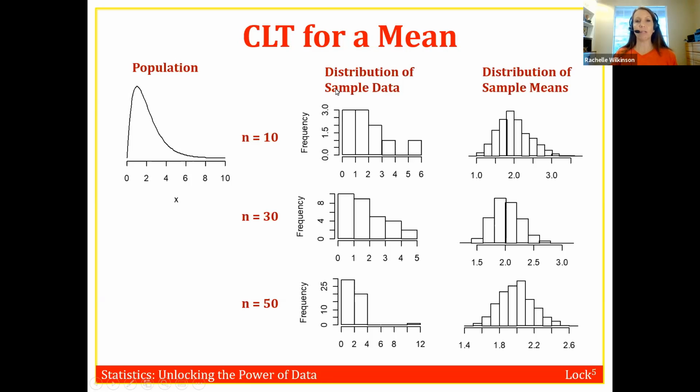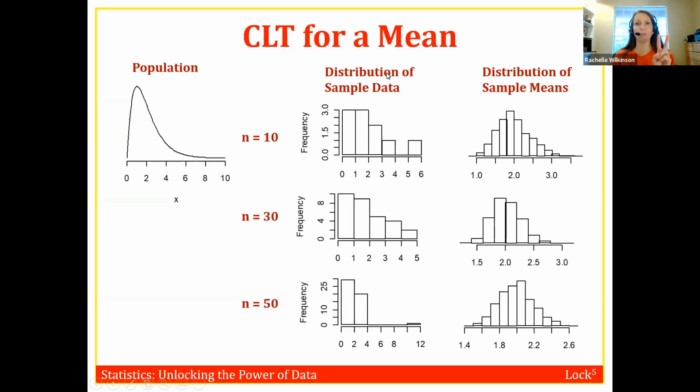So notice though that the distribution of the data in a particular sample is always going to follow the same basic shape as the population. If I graph the individuals in a sample, the shape should match the population shape.